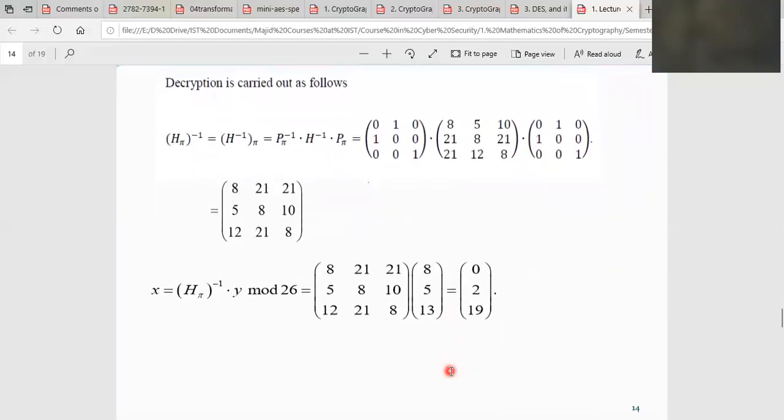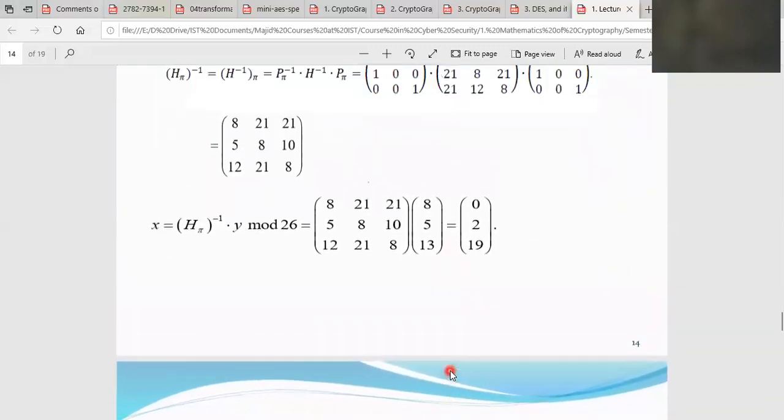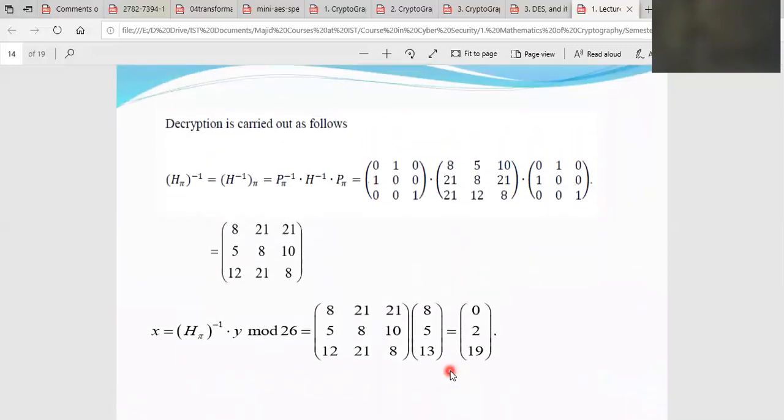So again, students, we have involved some matrices, and we add some more complexities to our traditional Hill cipher. We have not only one matrix, we have more than one matrix, and in this algorithm we introduce another structure of symmetry group.